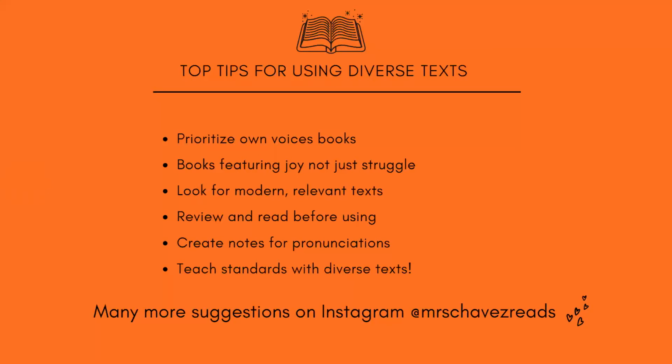It's important. And then my last thing to say is that when you're reading a diverse text, it doesn't have to be about, look, we're reading a book about a Muslim family. It can be, we're studying cause and effect, but the family in the book is Muslim. We're studying how to tell the beginning, middle, and end of a story, and it happens to be the girl in the book is Latina.